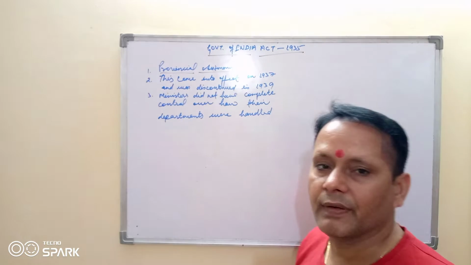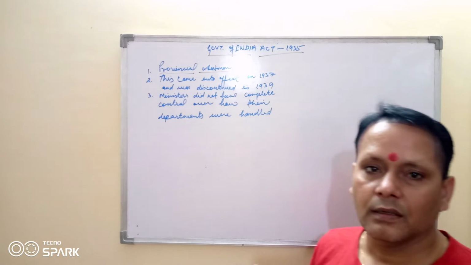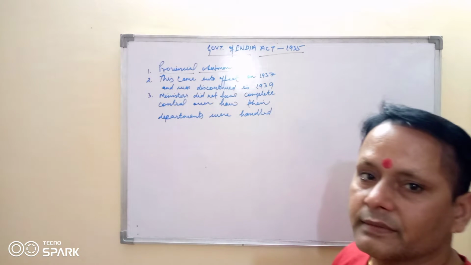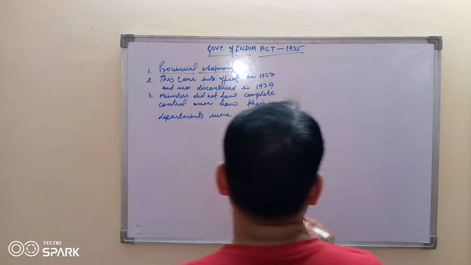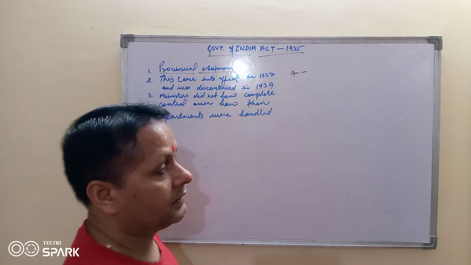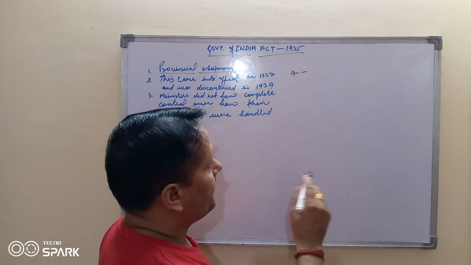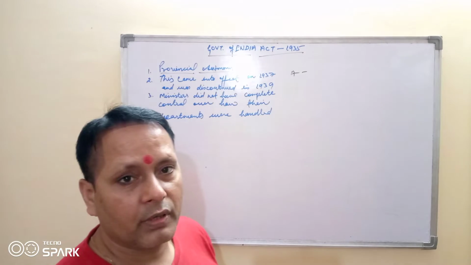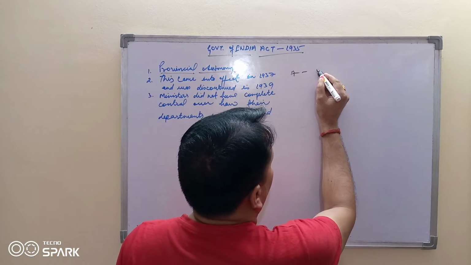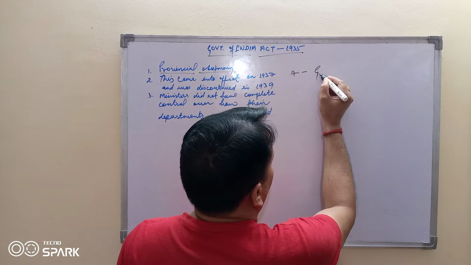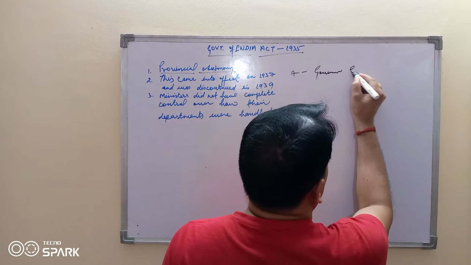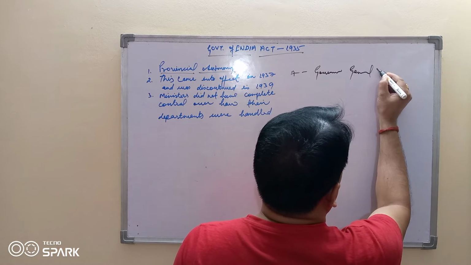This is unified by the Governor General of India, and there were three categories at that time. We can say A, the administration for the whole of India, the Governor General of India.